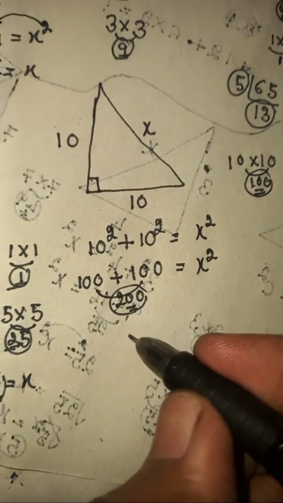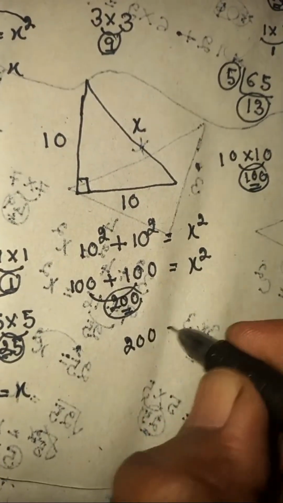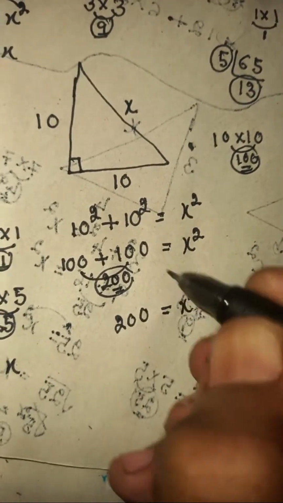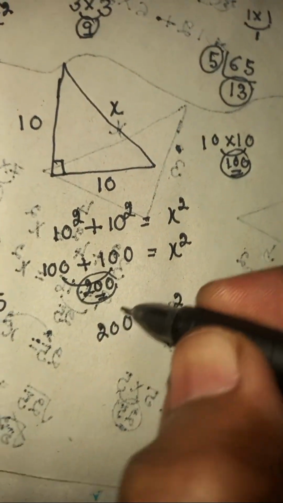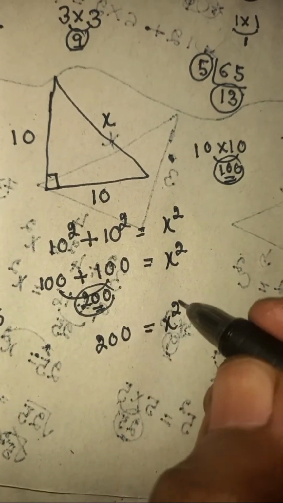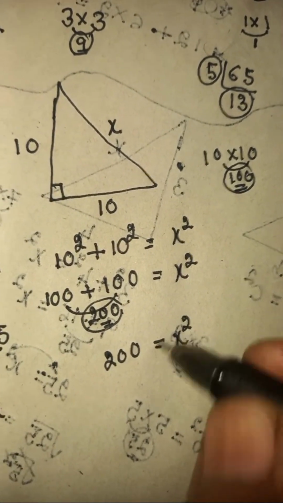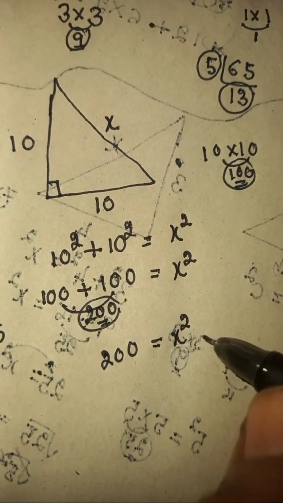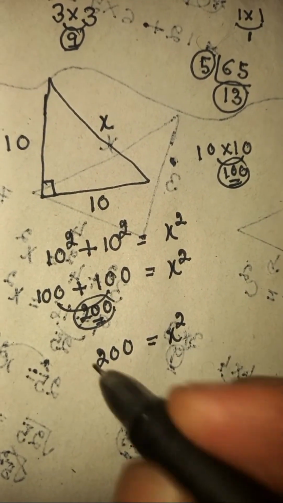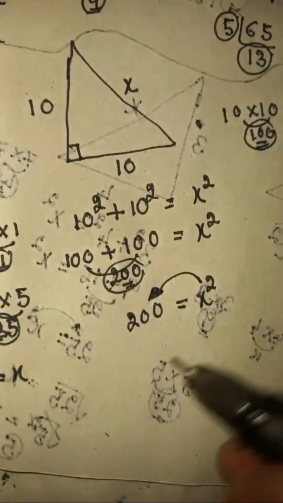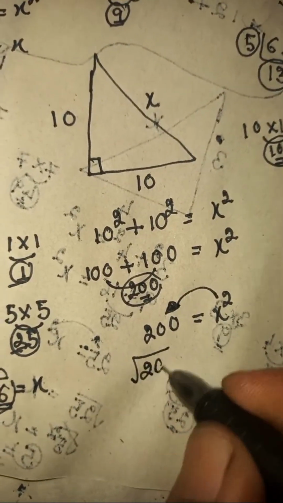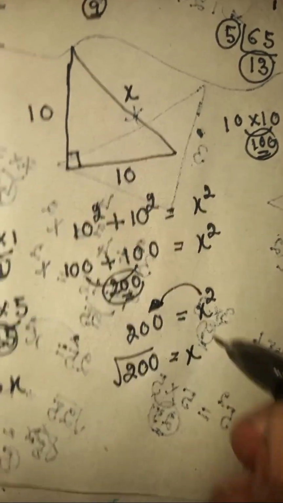So you're going to get 200 equal to x square, and this square goes to the other side and becomes root. If it is a root, it becomes a square when it travels from LHS to RHS, or RHS to LHS. So this time it becomes root of 200 equal to x.